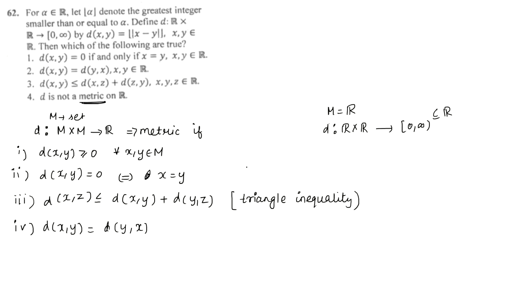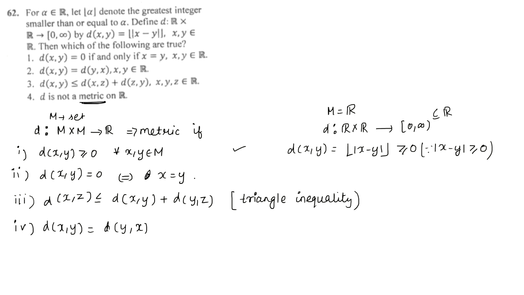If we look at the first condition, it is satisfied because d of x, y is defined as the greatest integer smaller than or equal to mod x minus y. As mod x minus y is always greater than or equal to 0, it is always non-negative, so the greatest integer smaller than or equal to mod x minus y is also always greater than or equal to 0. So the first condition is holding true.